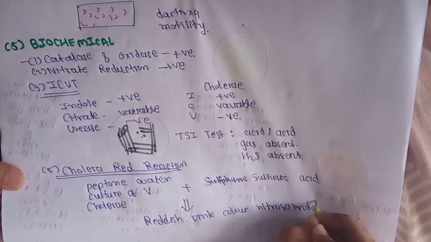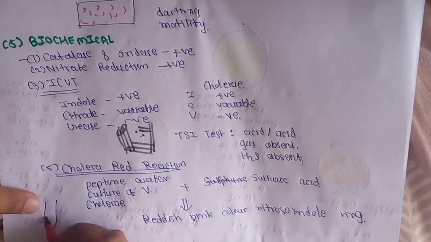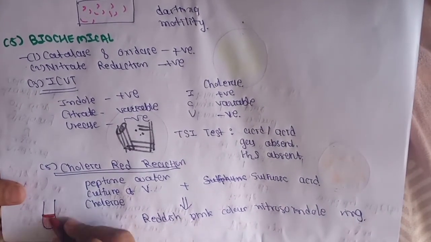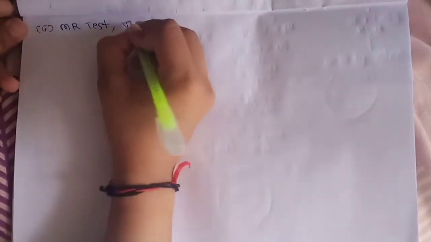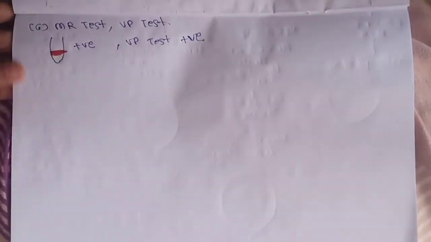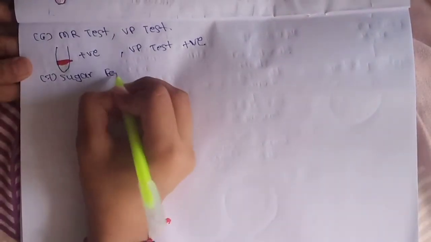In this test we will identify the indole and nitrate test both, and it will give us the red colored nitrosoindole ring. Now the next test is methyl red test and Voges-Proskauer test. Methyl red test is positive and VP test is positive for El Tor and negative for classical biotype. They will show the red coloration for positive test.